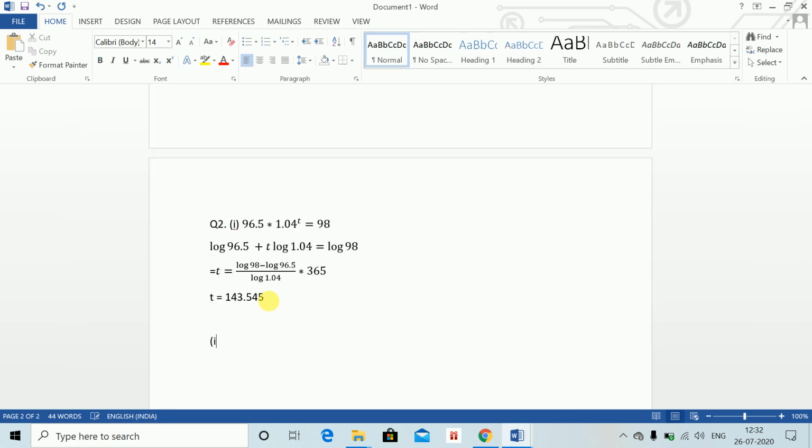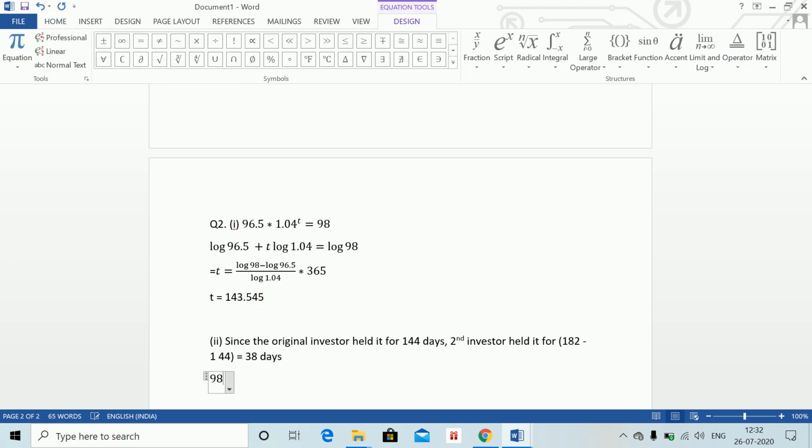Since the original investor held the bill for 144 days, the second investor held it for 182 minus 144, which is equal to 38 days.